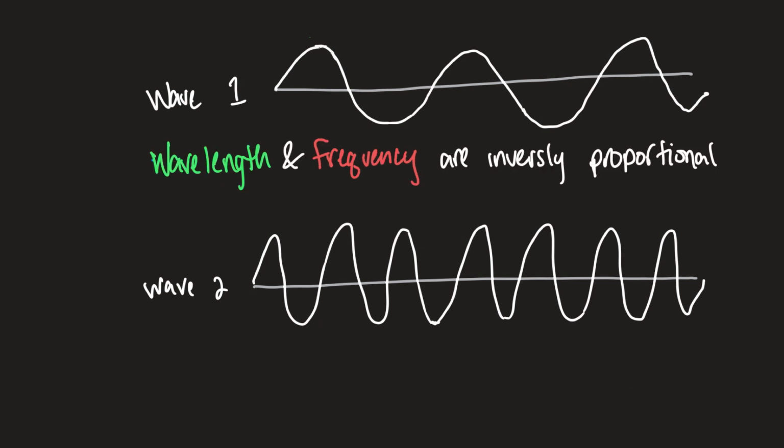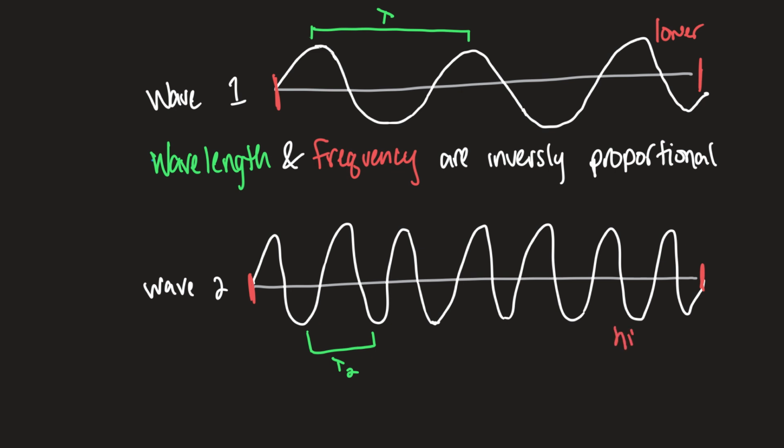Okay. So hopefully you can see that wavelength and frequency are inversely proportional. What do I mean by this? When we look at the wavelength of wave one, you notice it is longer than the wavelength of wave two. But at the same time, when you consider the frequency, the frequency of wave one is actually lower than the frequency of wave two.